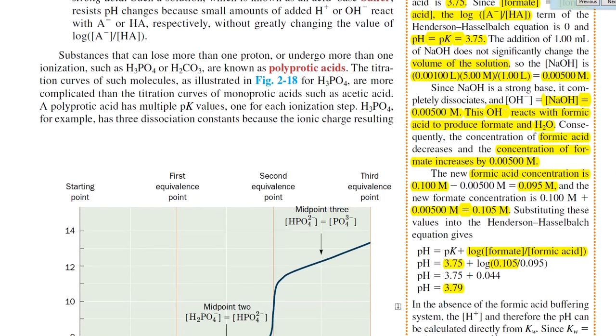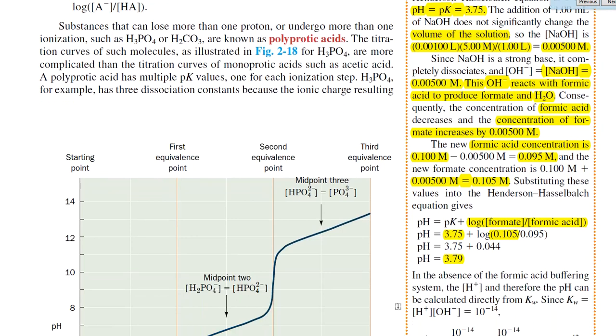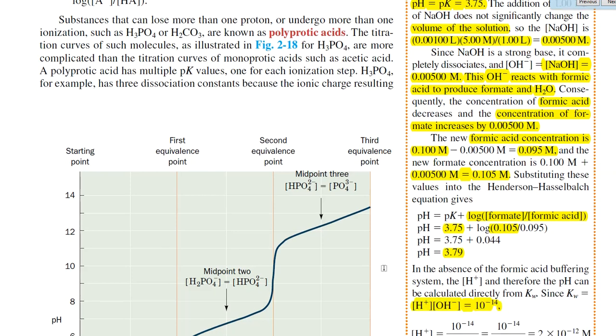Okay. In the absence of the formic acid buffering system, the pH can be calculated directly from Kw. How? We all know that the concentration of H plus and the concentration of OH minus together give 10 to the power minus 14.